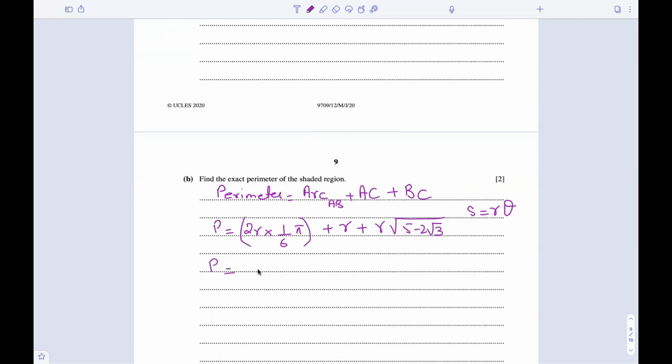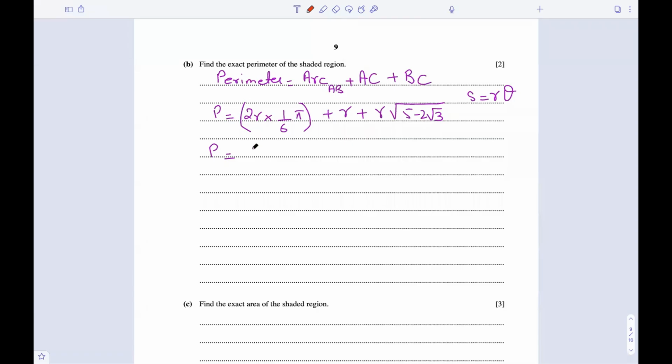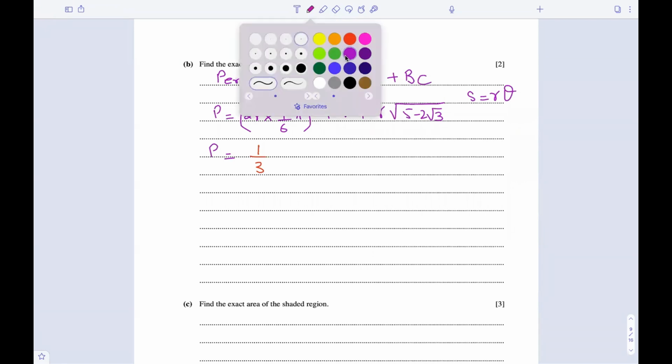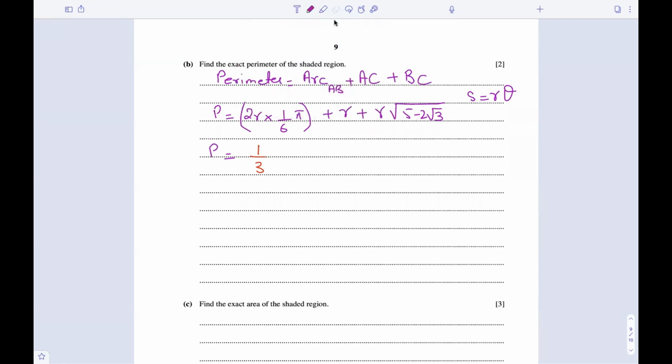Simplifying this, we get 1 upon 3 pi R, so the perimeter would be 1 upon 3 pi R plus R square root of 5 minus 2 root 3.